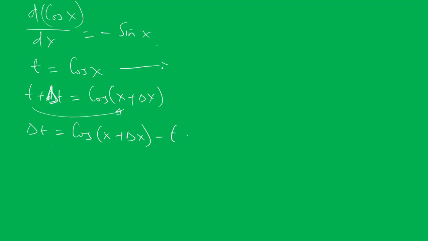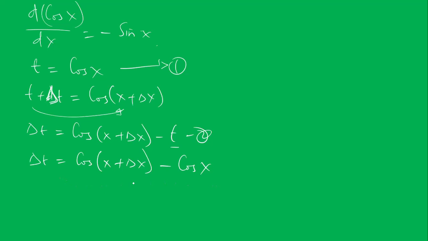And this is equation 2. Now from equation 1, t is equal to cos x. So substitute it here. You have delta t is equal to cos of x plus delta x minus cos x.